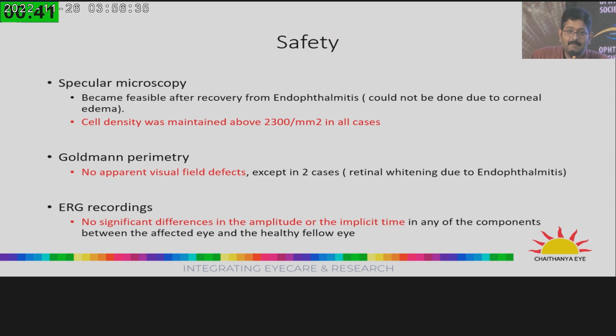In Goldmann perimetry, they found no apparent visual field defects, except in 2 cases where there was retinal whitening due to endophthalmitis. And in ERG recording, there was no significant difference in the amplitude or implicit time in any of the components between the treated eyes and the healthy fellow eyes.